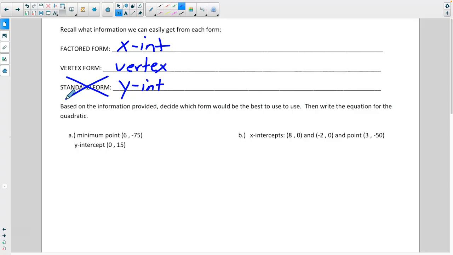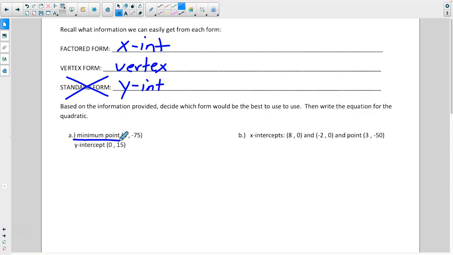Did they give me x-intercepts or did they give me a vertex? Vertex. What's the vertex? What point? 6, -75. Yeah. So our vertex is the minimum point. If they give you a vertex, vertex form. If they give you x-intercepts, factored form.